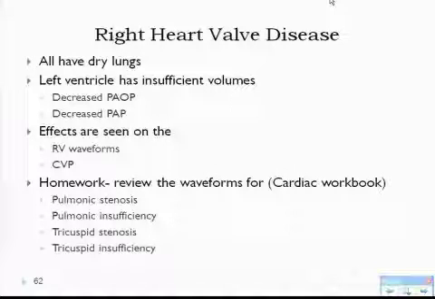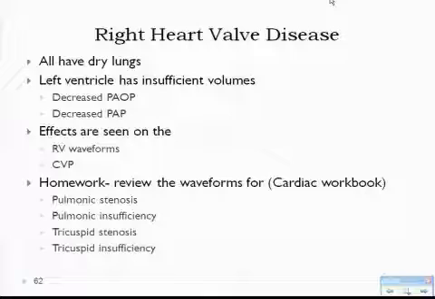If I pick a question about, say, tricuspid regurg or tricuspid stenosis, what should you expect to see? Would you expect a PA occlusion pressure difference? The answer is no. Should you expect to see it in the CVP? The answer is yes. Which one are you going to see? A large V wave in the CVP for TR, and a large A wave in the CVP for tricuspid stenosis.